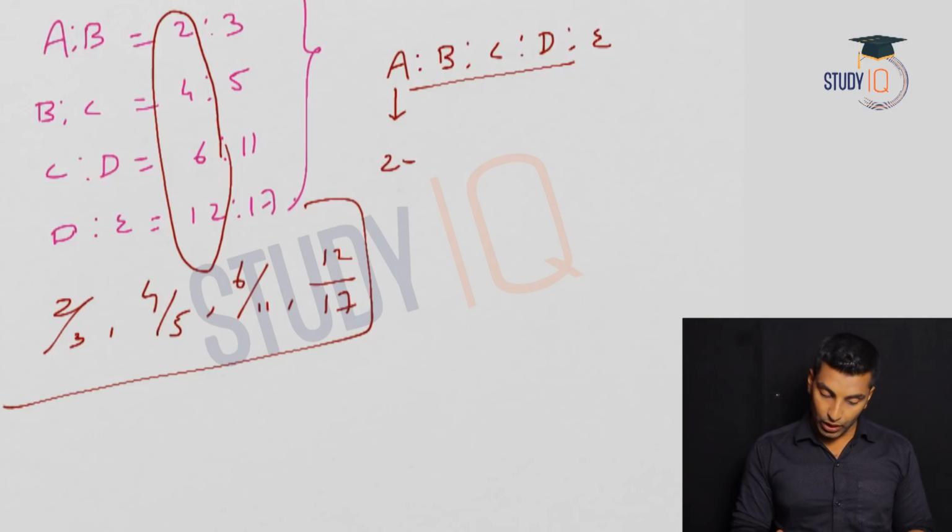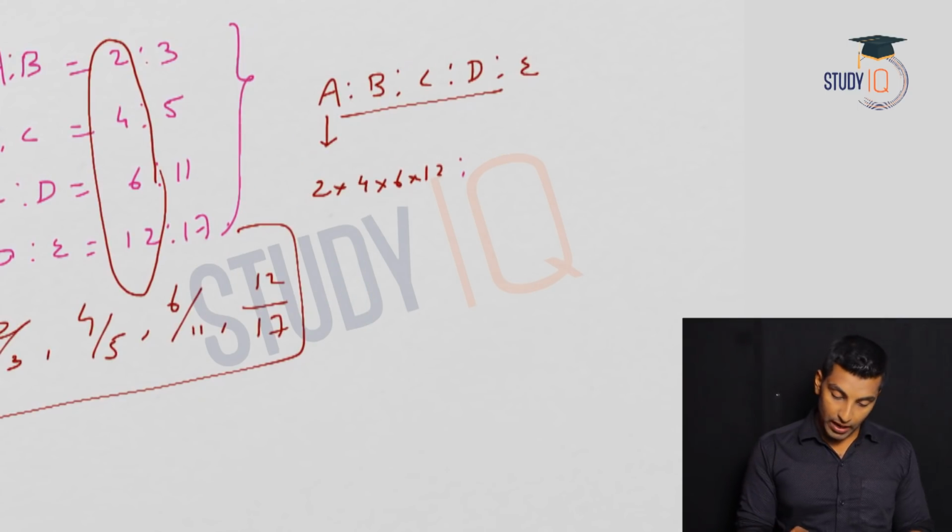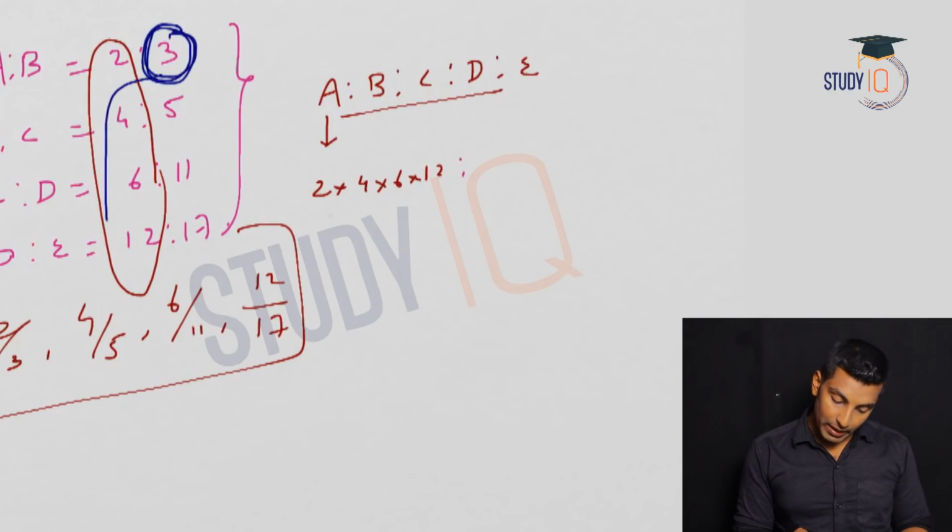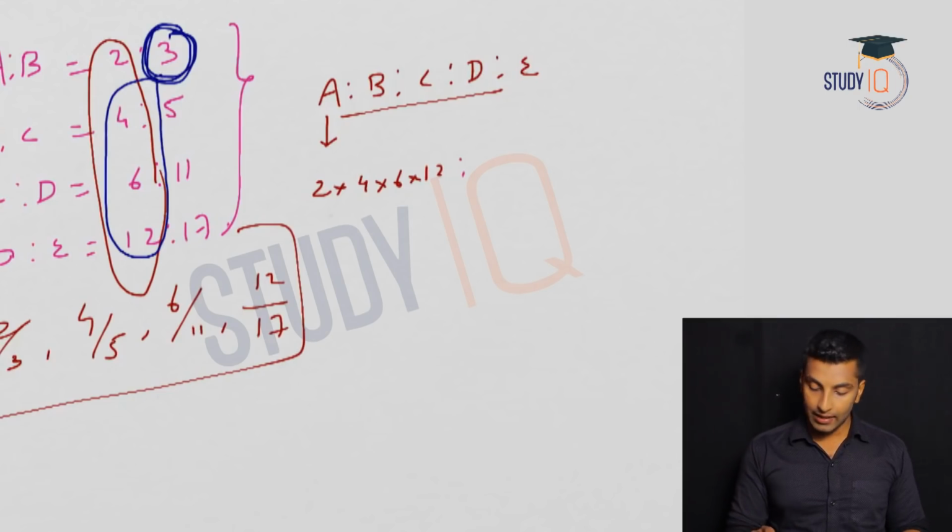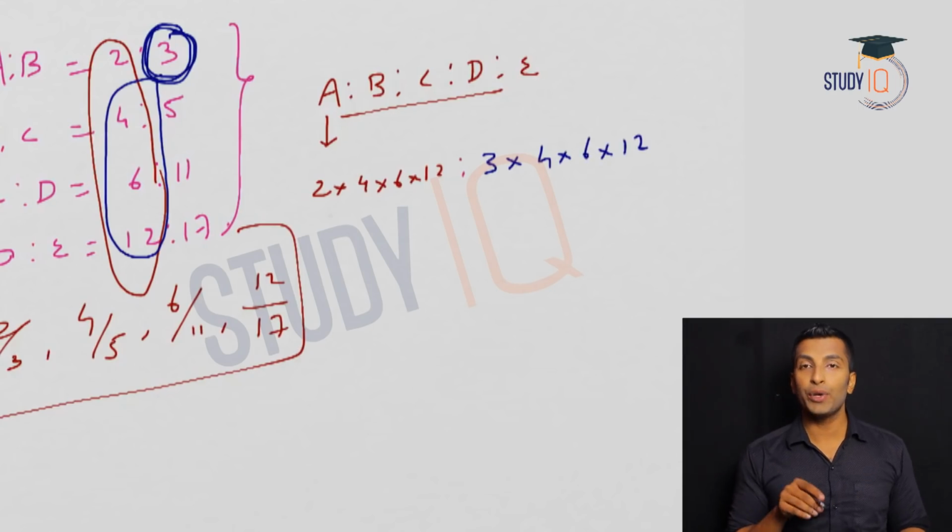That means 2 into 4 into 6 into 12. Okay. Then if you need to know B, take the first denominator and 3 numerators. So it will be 3 into 4 into 6 into 12. Why you are doing this, I'll tell you.